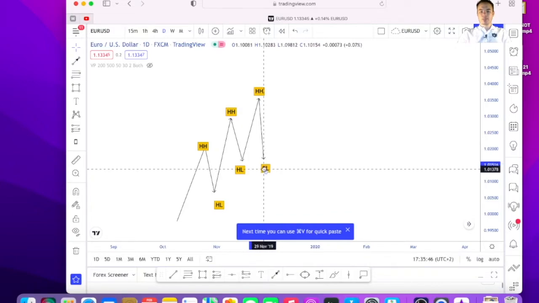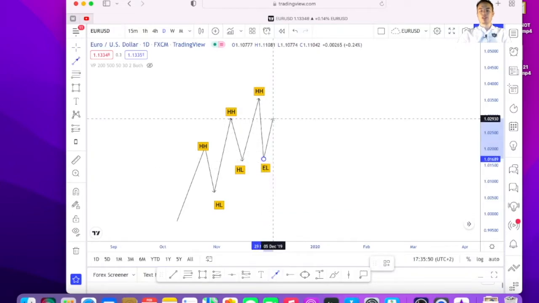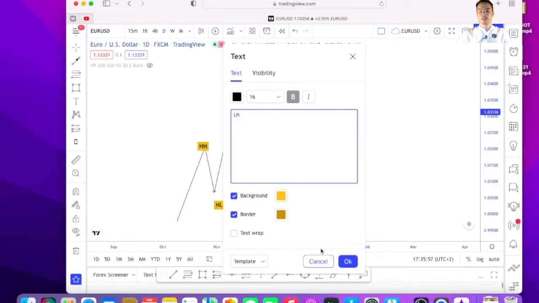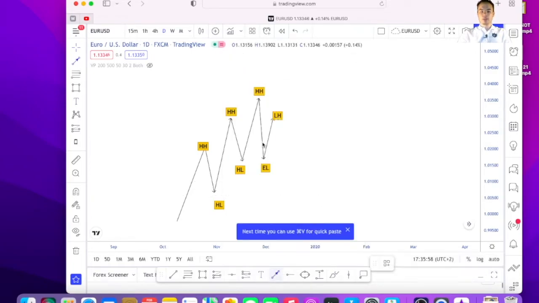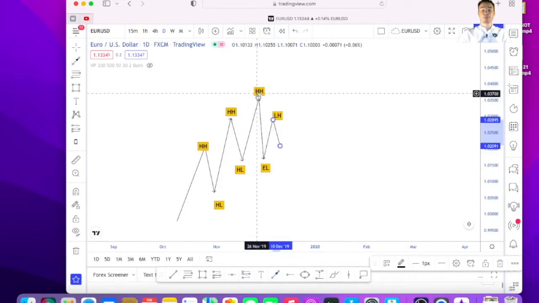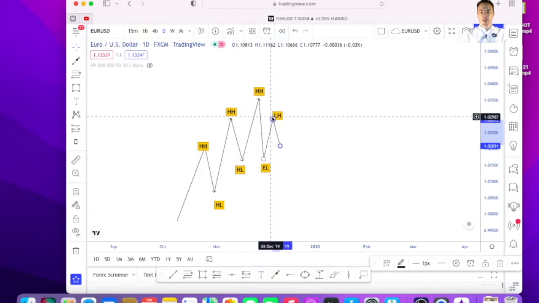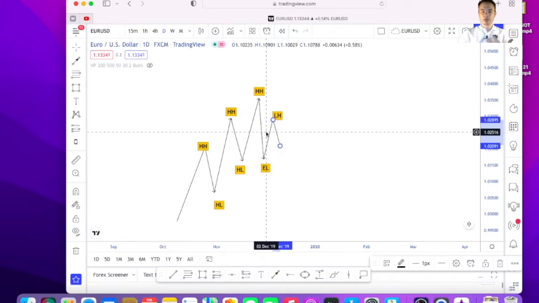And price will push up, create a lower high, not a higher high. Why? Because price pushed down from there. So it didn't go beyond this higher high here. So we have a lower high, indicating a potential downtrend.